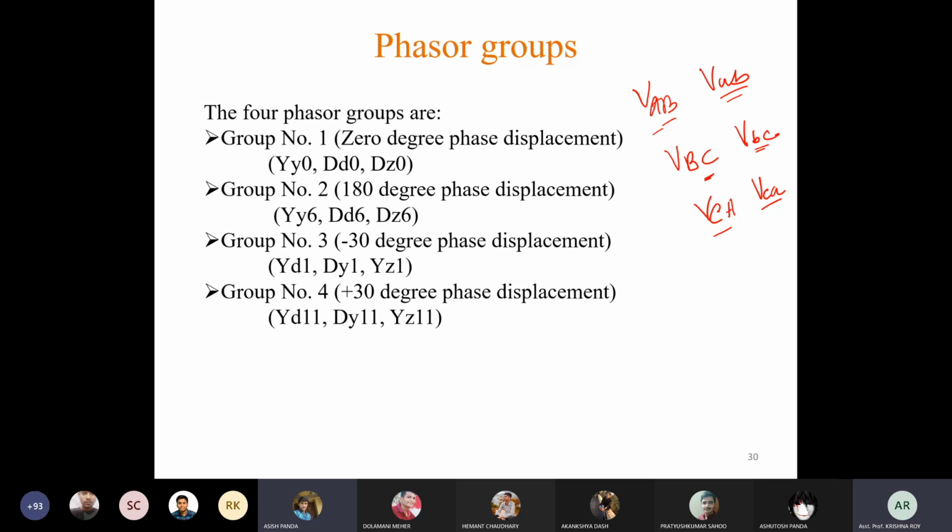So here the similar phases are placed on the same limb of the transformer. Suppose A phase and small a phase are wound on the same limb of the transformer.